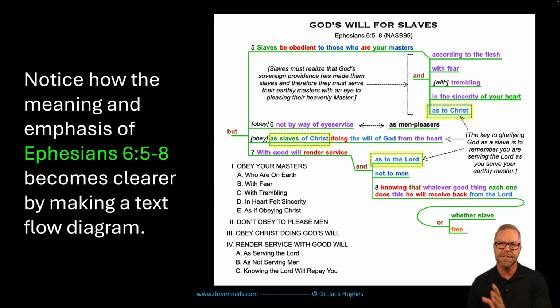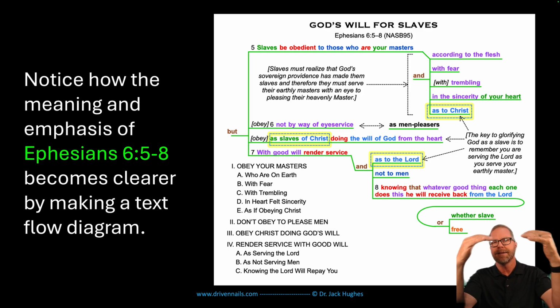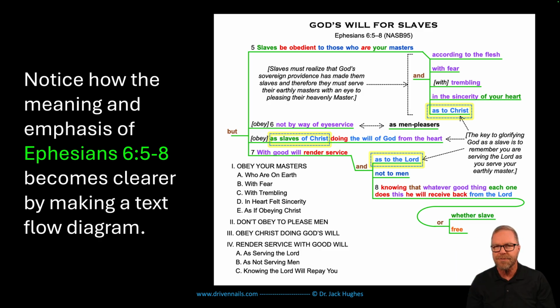You live to please the Lord. When you have two similar phrases like that, it's described as being in apposition to one another, basically the same thing repeated in two different ways. That's why I put this little arrow right there, to let me know that by way of eye service and as a man pleaser are pretty much saying the same thing in two different ways.